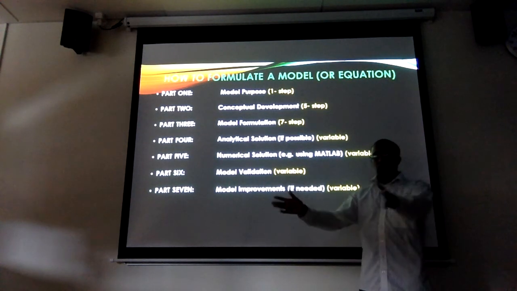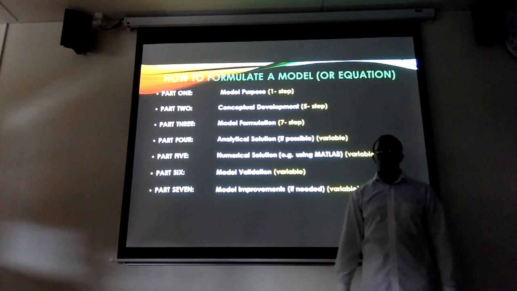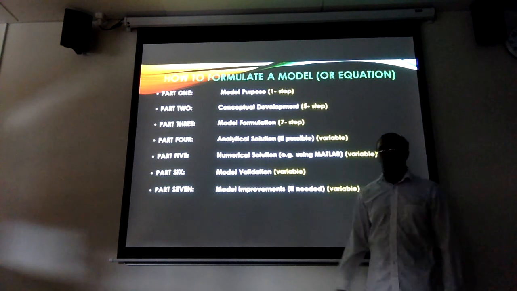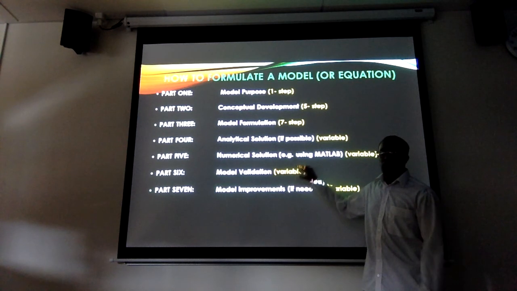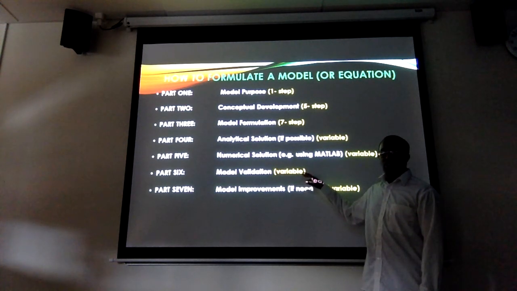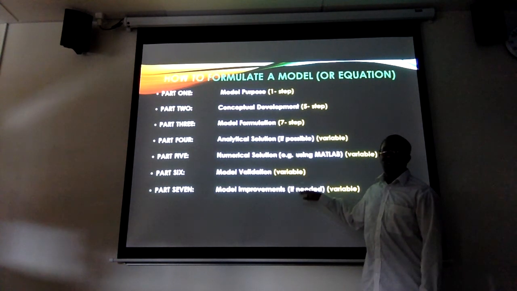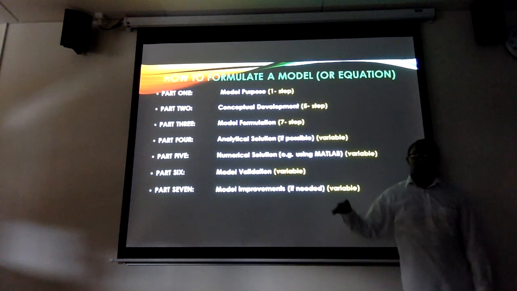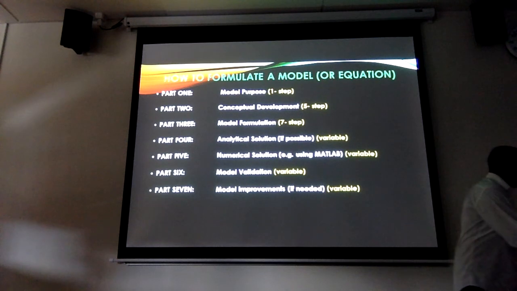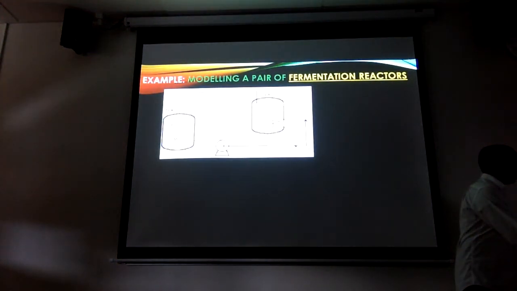You take your numerical solution and you compare it with experimental data to validate it. And the last step is if your validation does not work, i.e. if your model sucks, then you have to improve it. Okay? Now we're just going to quickly go through these steps. Okay? With an example.